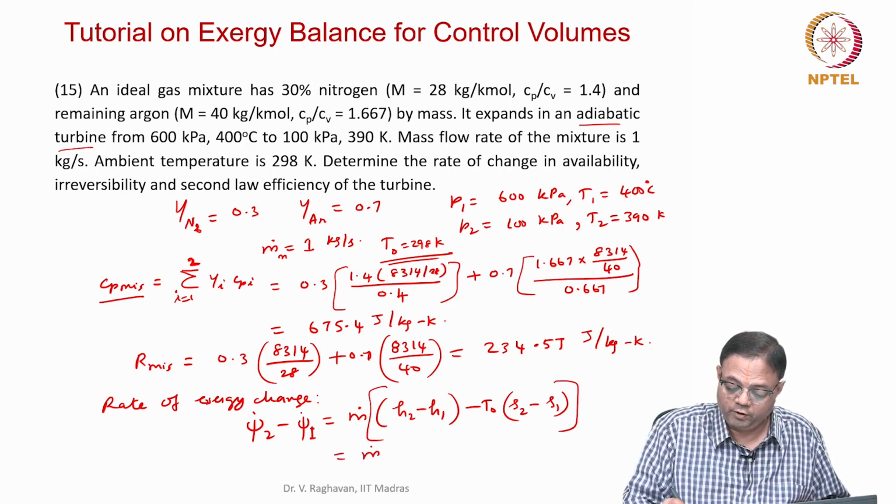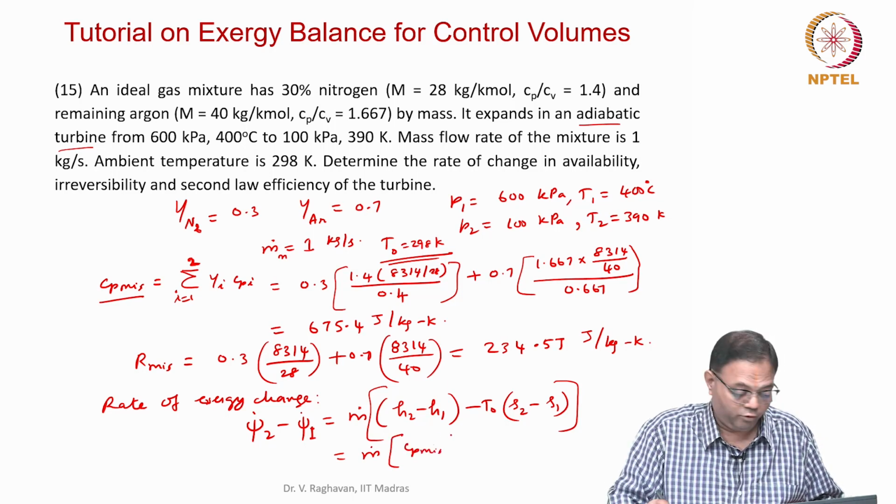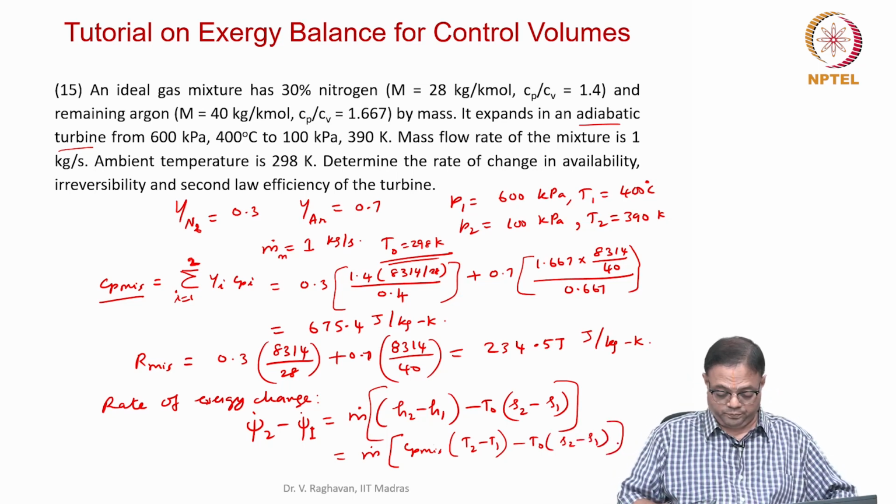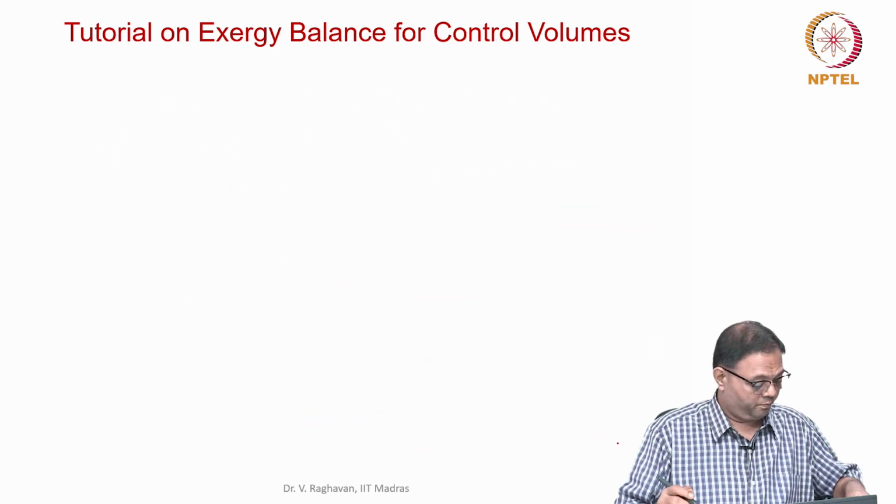So this is Cp mix into T2 minus T1 minus T naught into S2 minus S1. We will find that in the next step.